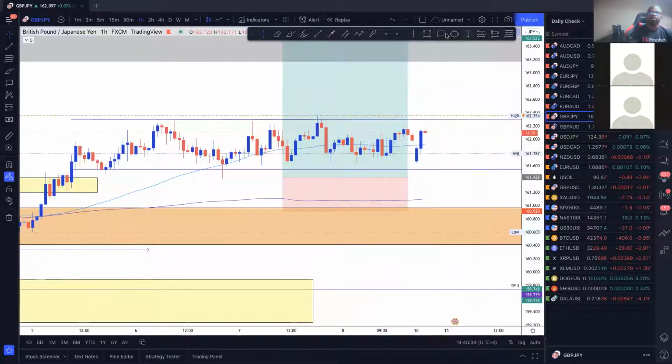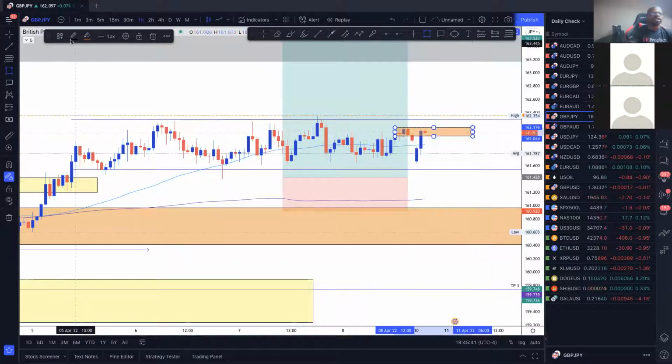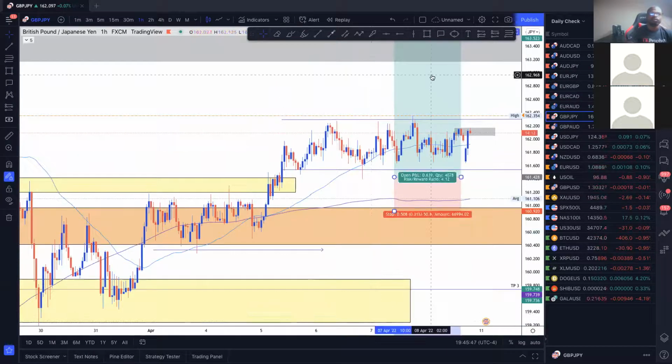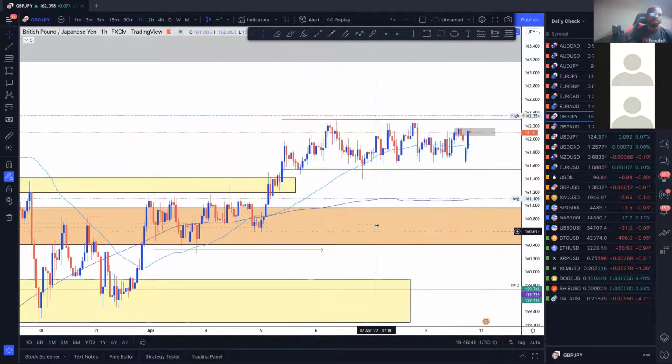So let's say, for instance, we have a double top right here. Let's say price responded to this double top with a rejection, and we pull it down to retest this level before continuing. Oh, that's the clear double bottom right there.